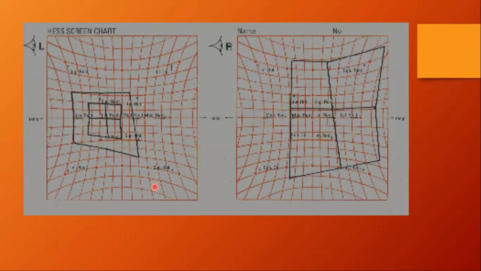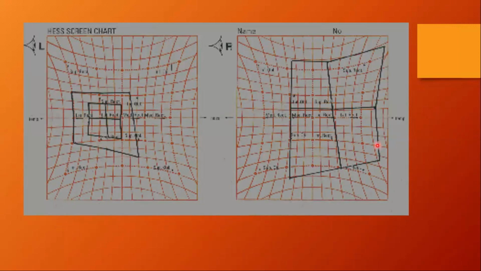The superior oblique can't show the hypotropia because the eye is exotropic. So hypotropia is not always there in third nerve palsy. So this is a case of third nerve palsy in the right eye.